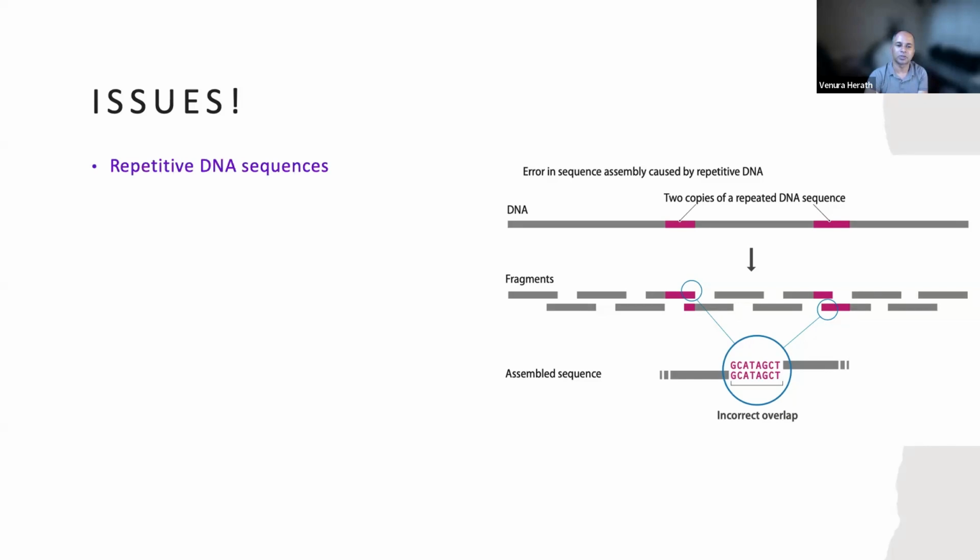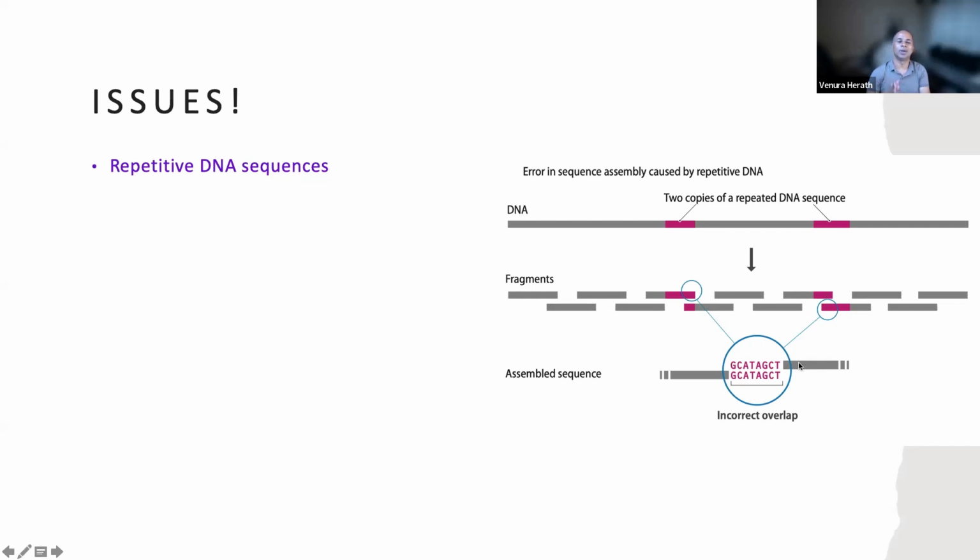Okay, so these repetitive sequences are going to cause issues, because if you look at this image, you have your DNA with two copies of repeated DNA sequences, and when we fragment it, they are identical. So some parts will be broken in two, and then you will see there's a sequence complementarity. That means instead of this one pairing with this, when you assemble, you pair this one with this.